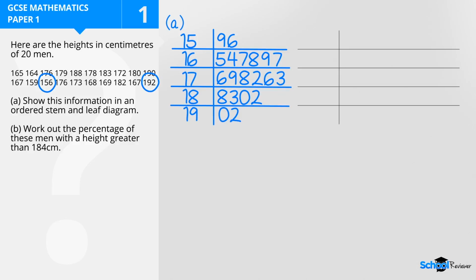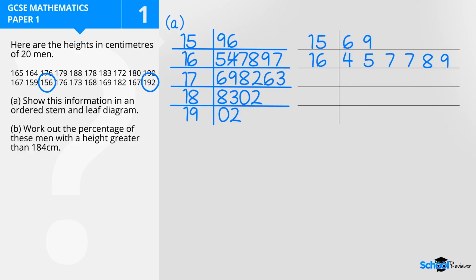Now I need to order these. So my 15 is going to go here and I'm going to put 6 followed by 9. 16, I need to order these. I'm going to cross them off because there's quite a few. 4, 5, I've got 7, 7, 8 and 9.